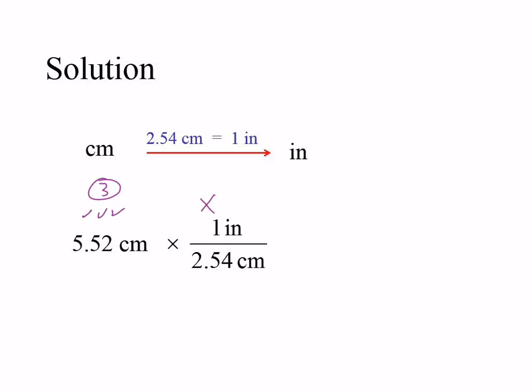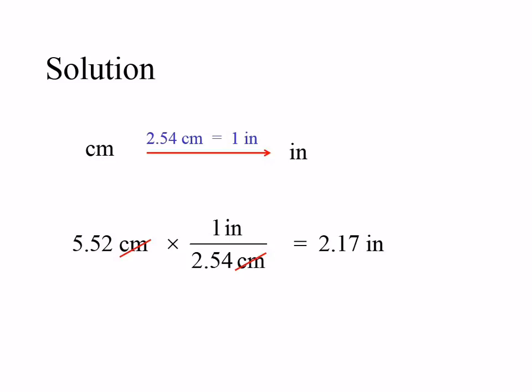There's no uncertainty brought in, with the whole inch exactly equal to 2.54 centimeters. So 3 sig figs looked like this. And that's where we left off on Wednesday. So we're going to do a few more of those.